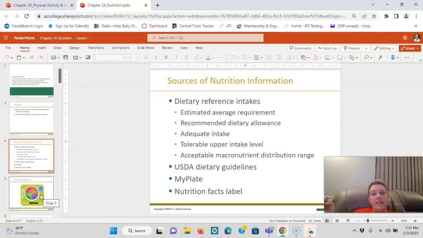An adequate intake, tolerable upper intake level, what is acceptable, an acceptable macronutrient distribution range. So we need to know those. Something like calcium, how many milligrams a day? Okay.